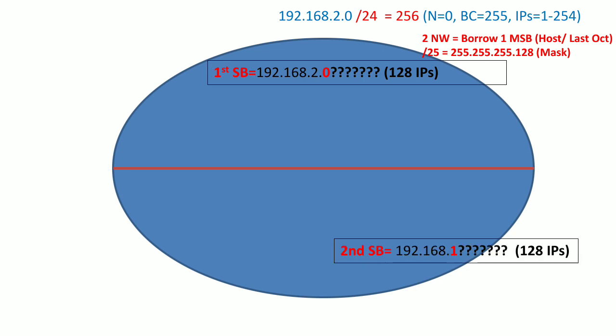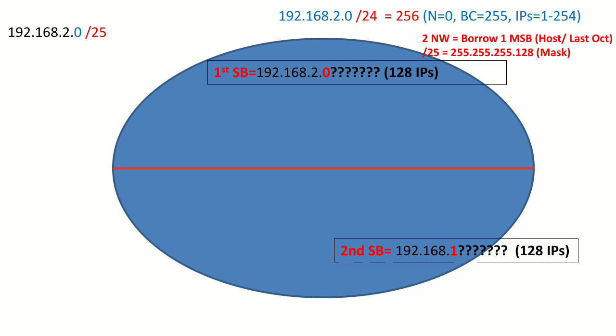In the second subnet, the first bit would be part of the subnet, that is 1, and the remaining 7 bits can be used for hosts. So this value would be static, that is 0 and 1. In the first subnet, the most significant bit in the fourth octet would always be 0, and in the second subnet it would always be 1.